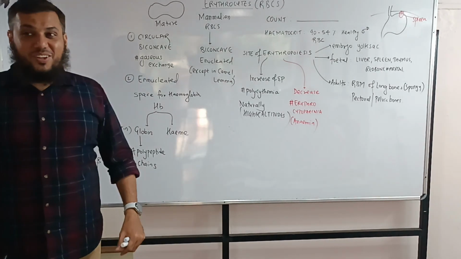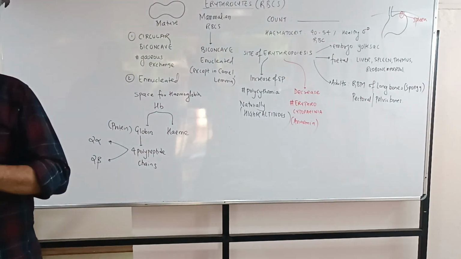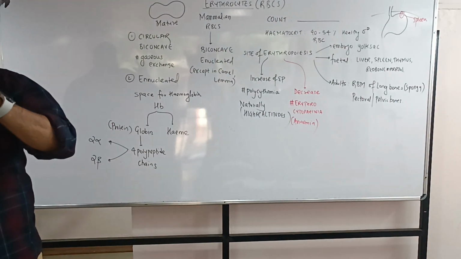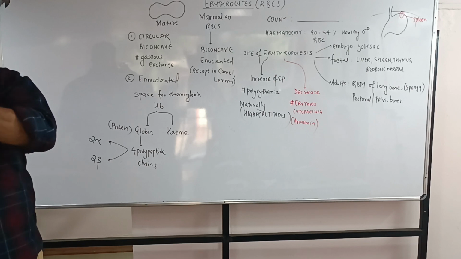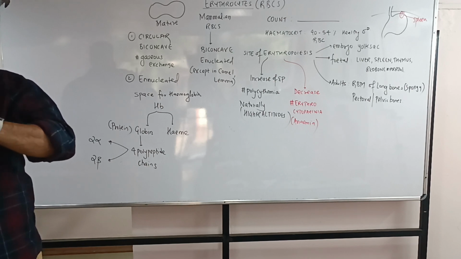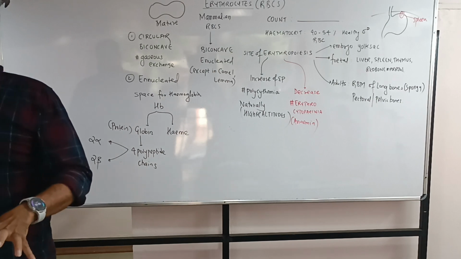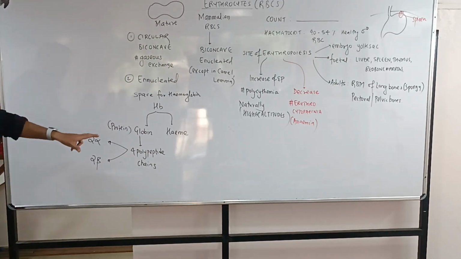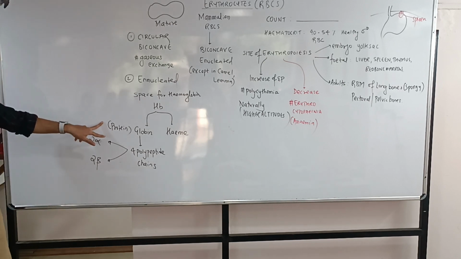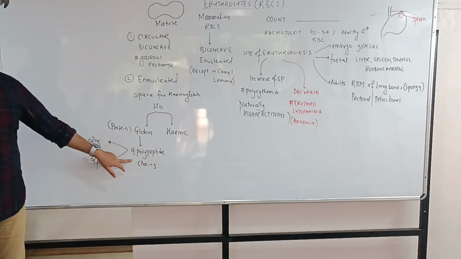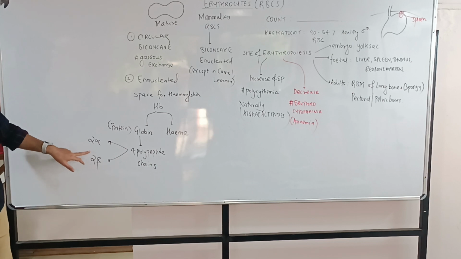Quaternary structure of a protein. 1 alpha, 2 alpha, 1 beta, 2 beta. Hemoglobin, quaternary structure. Okay, so the globin is a protein which is made up of 4 polypeptide chains, out of which 2 alpha and 2 beta.